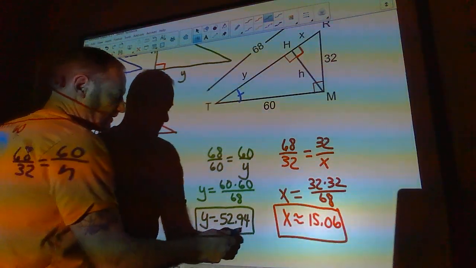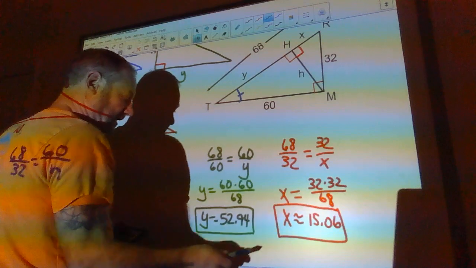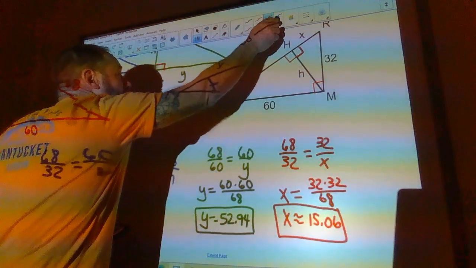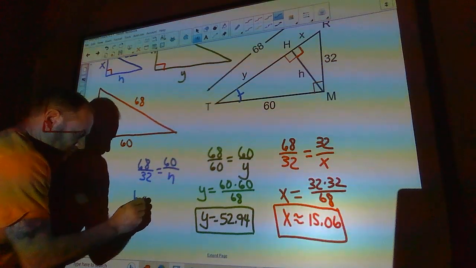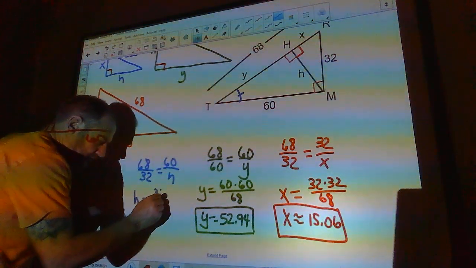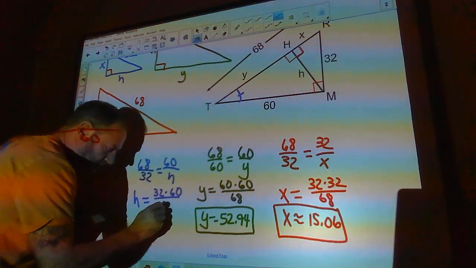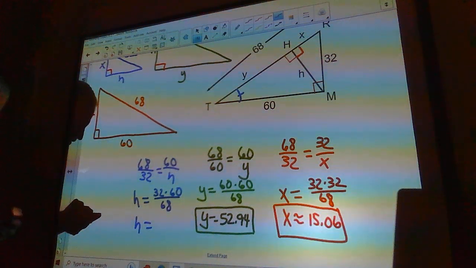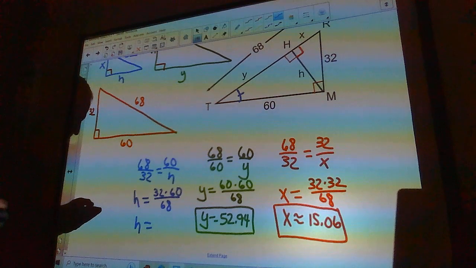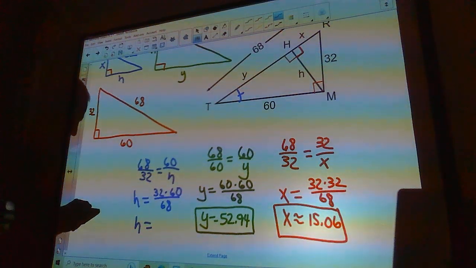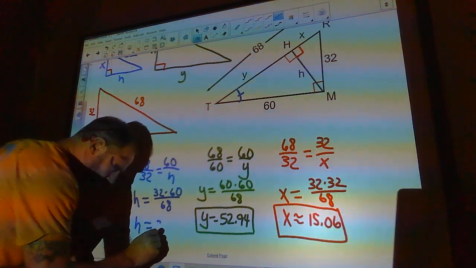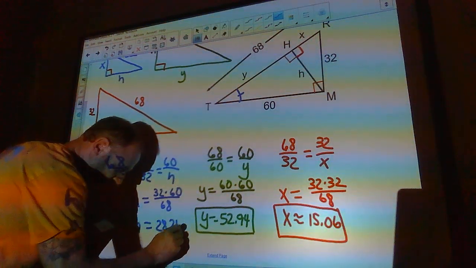Now you should check x and y. They should add up to 68. So that'd be 67, 68. Yep, it works. And now h is going to be 32 times 60 divided by 68, which comes out to be 28.24 approximately.